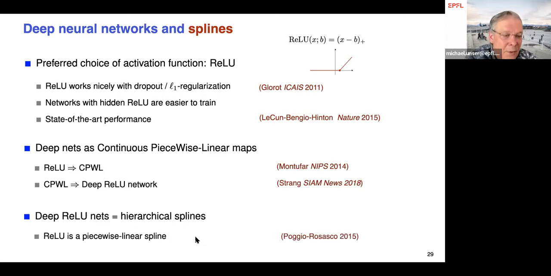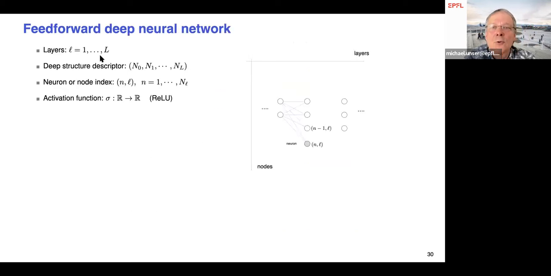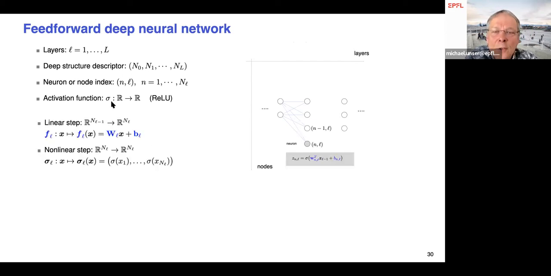And in fact, those ReLU networks can be interpreted as splines. Now if you look at the deep feedforward neural network, you have neurons like this, and you have an activation function for each neuron.